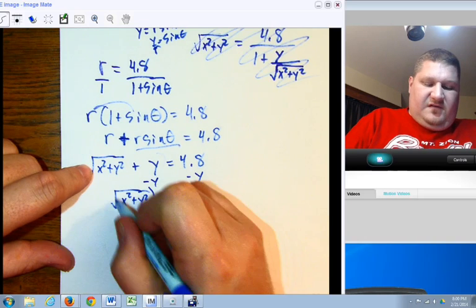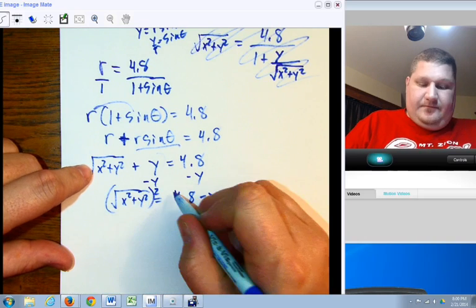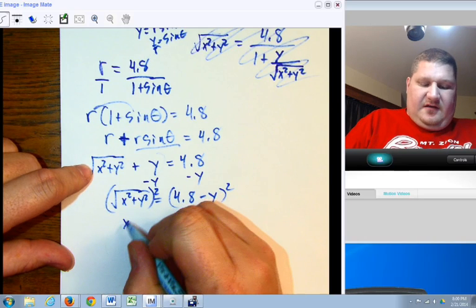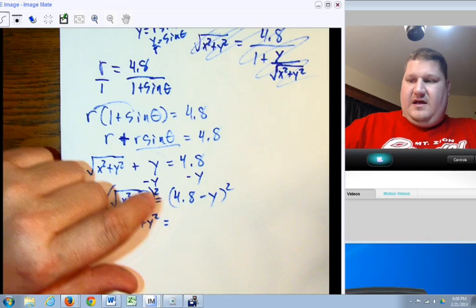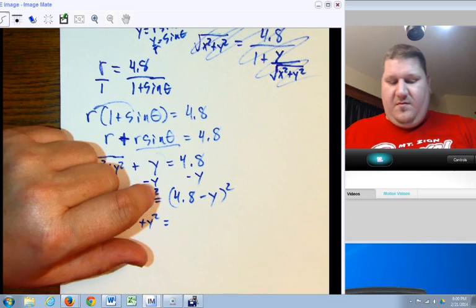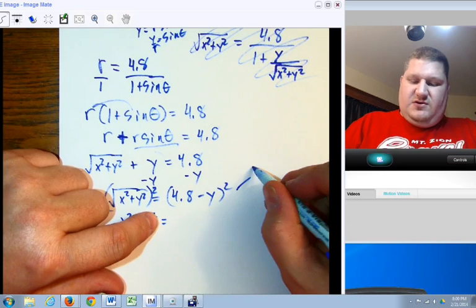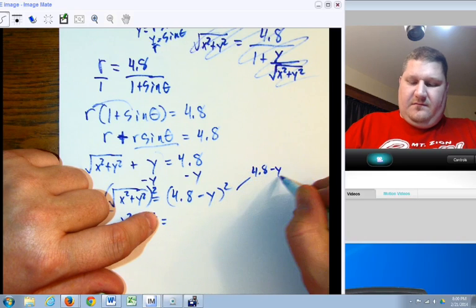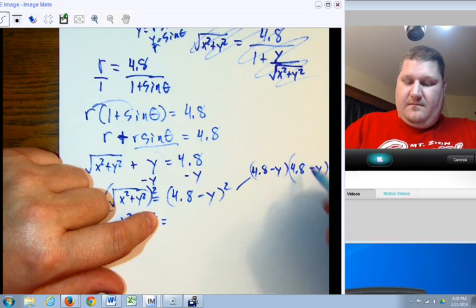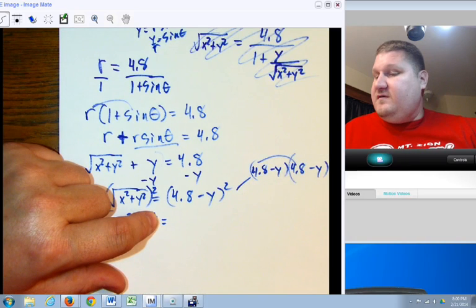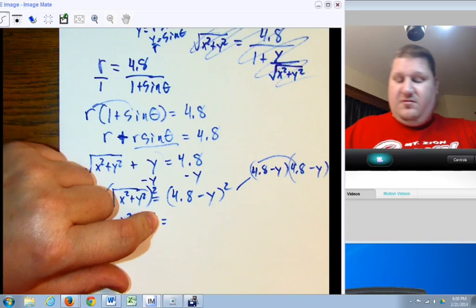Now if I square both sides, I get x squared plus y squared equals, now I get 4.8 times 4.8 because I would need to FOIL this. So first times first, 23.04.